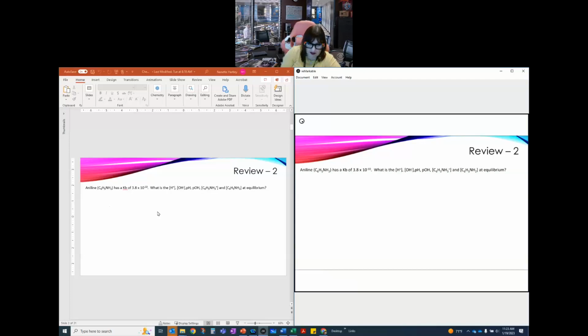First thing I'm going to do is write C6H5NH2. I know that that is a base, so I'm going to react that with water. And I know it's a base because of the presence of the N and NH groups. That NH typically indicates that it's a base, Lewis base specifically, so we can pick up another proton with the lone pair of electrons on the nitrogen.